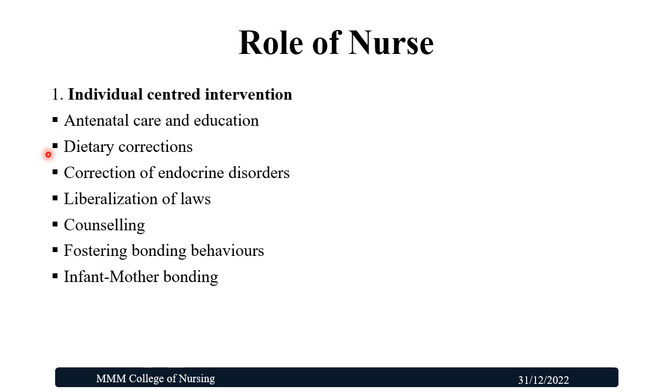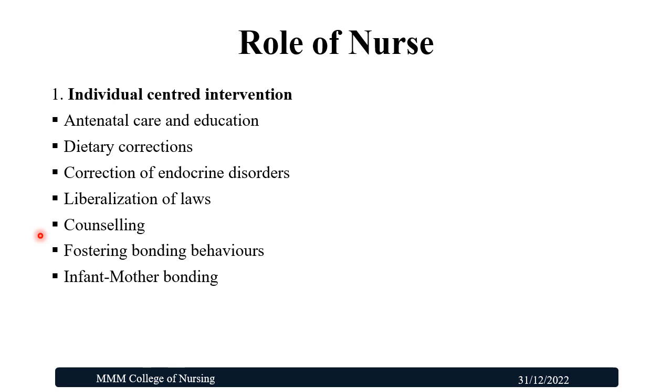Dietary corrections to those infants suffering from metabolic disorders, which I just listed now. Correction of endocrine disorders such as diabetes, Turner syndrome, tumors. Liberalization of laws regarding termination of pregnancy when it is unwanted, counseling the parents of physically and mentally handicapped children with particular reference to the nature of defects.